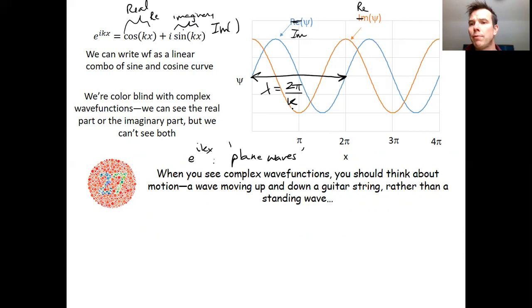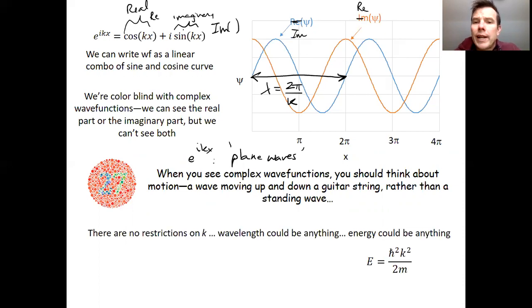The wavelength is 2 pi over k. If k is really big, the wavelength will decrease. If it's really small, it will increase. And I'm going to give you some worksheet problems to explore this idea a little bit. When you think of wavelength, you should think about a quantum mechanical quantity, a variable. And I hope that the worksheet problems help illustrate this idea to you.